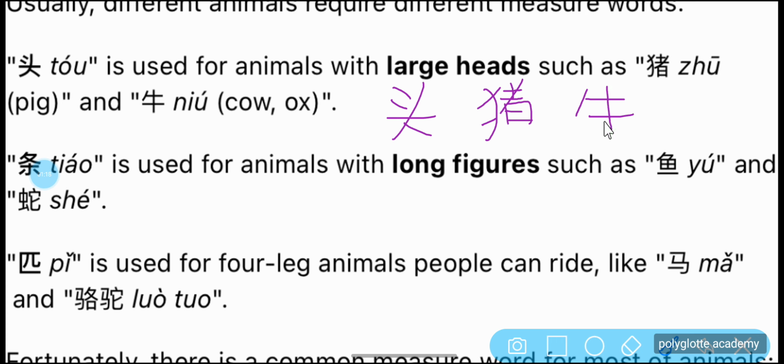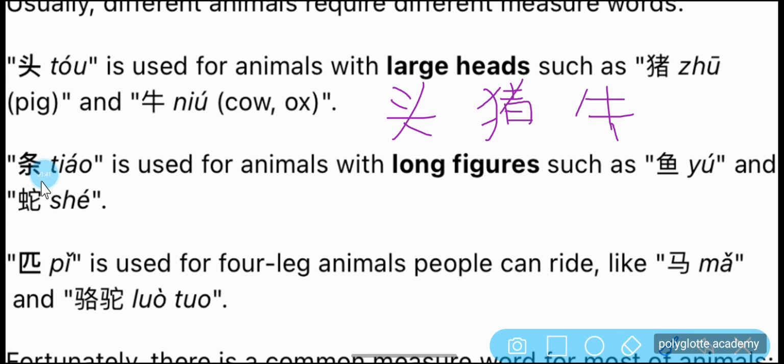Niu, like you've seen this word before, niunai, which is milk, coming from cow. So we use tou for animals with large heads. Their heads are big, such as zhu, which is pig, and niu, which is cow.